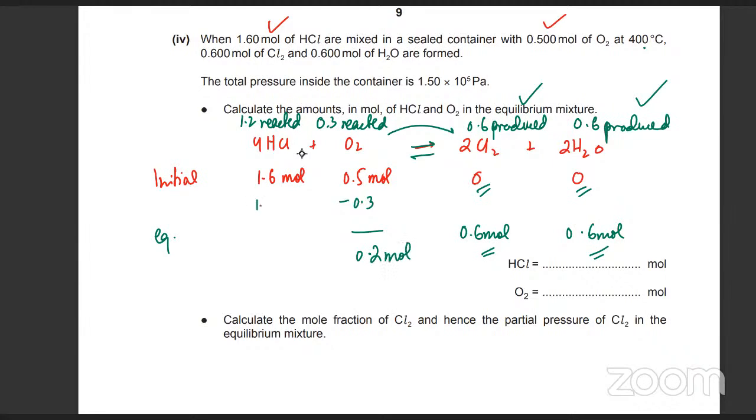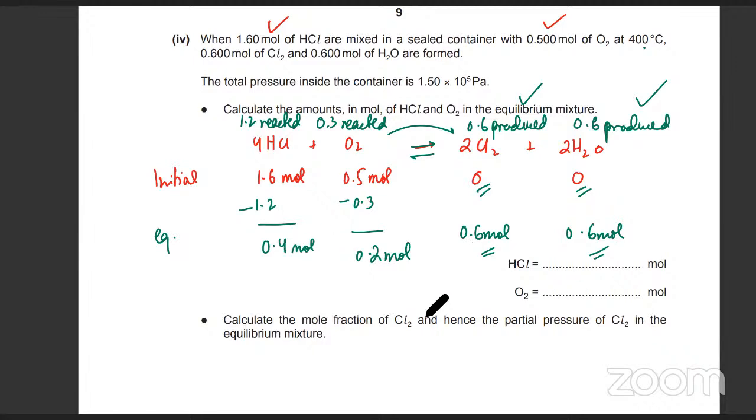If 1.2 reacted, how many are left? That's going to be 0.4 moles. Is this clear? Okay. So it's going to be 0.4 and 0.2.